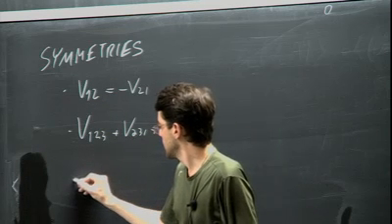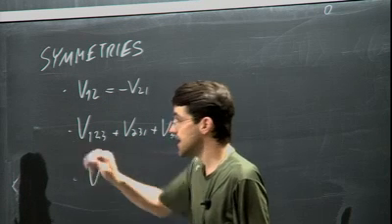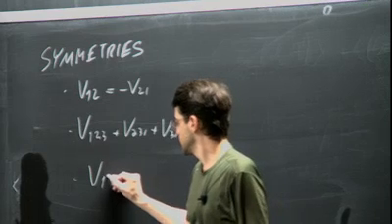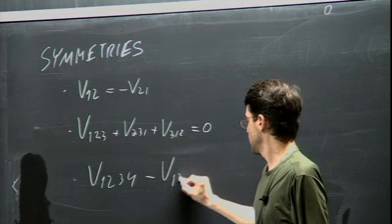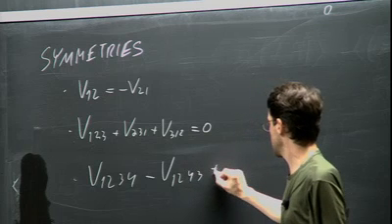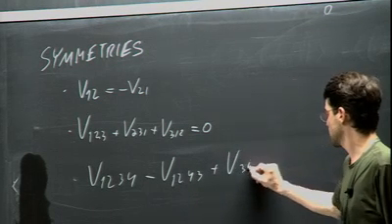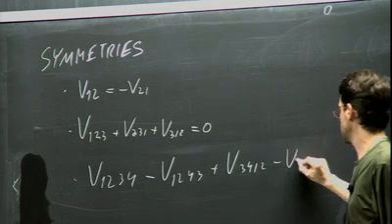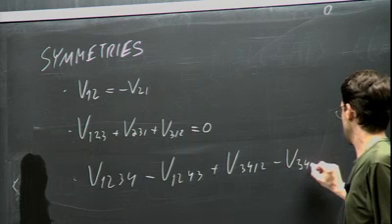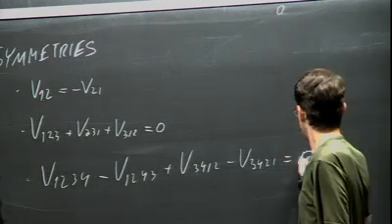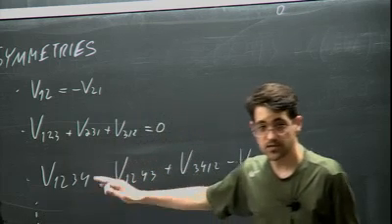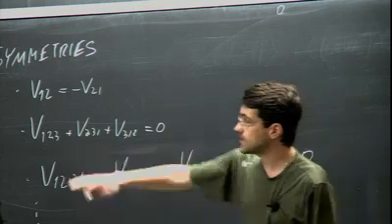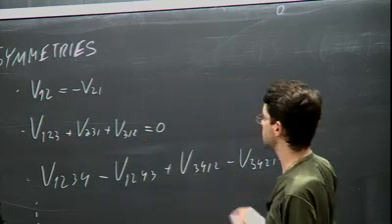And then the next one satisfies this symmetry here, V12 4 3 plus V34 12 minus V34 21 is 0, and there is a general formula that you can look at in the paper if you are interested.